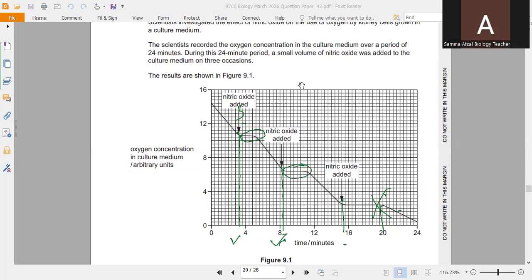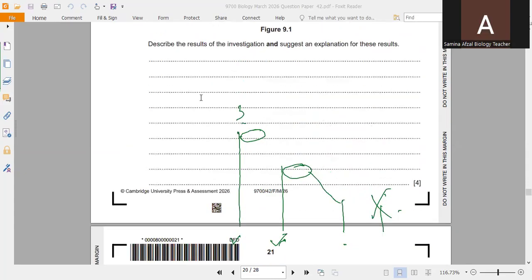You can see it try to resume, but when we add the nitric oxide into it, then it starts decreasing again. So I'm going to write all this description about results over here.